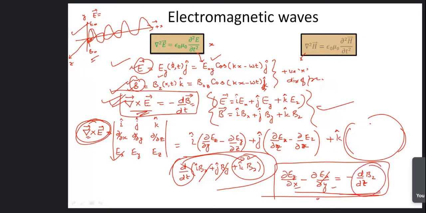And I have differentiated Bz with respect to t, and then equating, you see what you get. The derivative of Ey with respect to x gives you, yes, it is k E naught, with a negative sign, sine kx minus omega t.